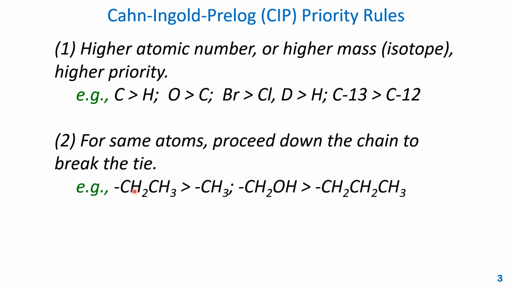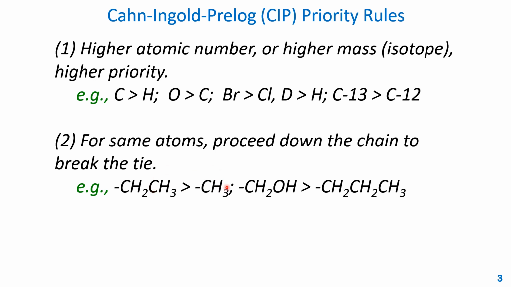For example, ethyl is higher than methyl because the first carbon is the same, but the attachment is different. This carbon has 2 hydrogens connected with another carbon. This carbon is connected with 3 hydrogens. So this is higher because the 2 hydrogens cancel each other out, but the third attachment is carbon compared with hydrogen.